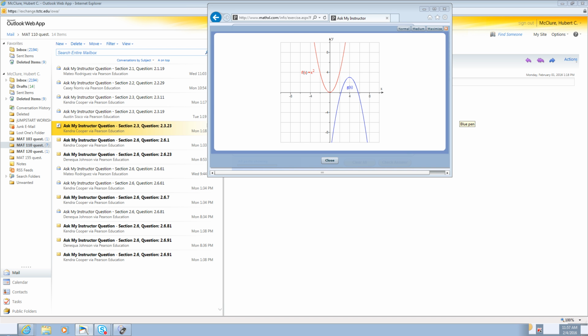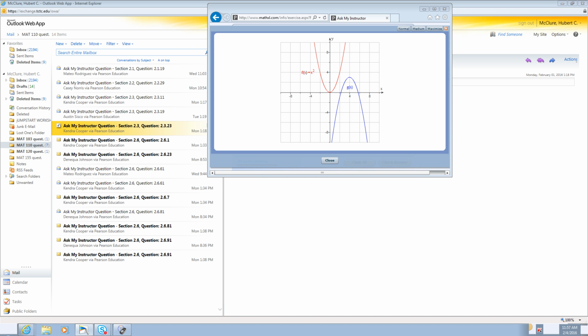3. So what goes out here? Plus 3. And then what goes out in front of this guy right here? A negative. Why is it a negative number? Well, it's a negative 1 because it's the same size. It hasn't said anything about compression or stretching. So that means that it's the same parabola, only that it's turned what?